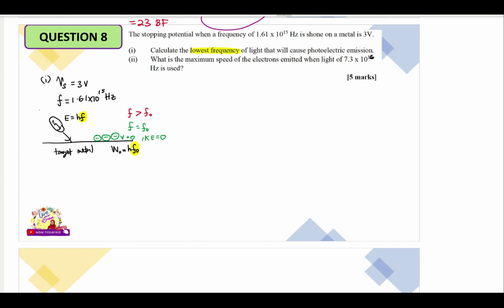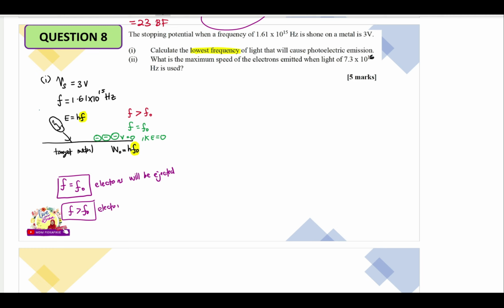Jadi untuk kita kira lowest frequency, kita nak tahu nilai kita nak kira tu, F itu mesti sama dengan F0 at least. Okay, so at least, F equal to F0, so electrons will be ejected. Okay, kalau F lagi besar daripada F0, lagi bagus. Sebab apa?